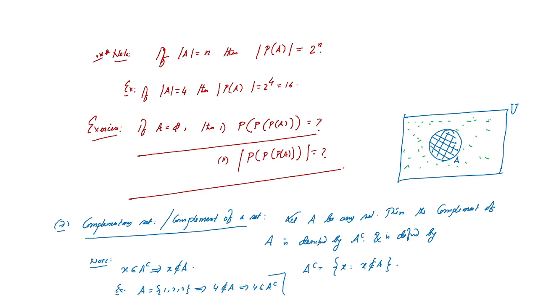These belong to A complement. A complement means U minus A. The universal set minus the set A is called A complement. So this is A complement and this is A. Okay. So this green part is basically A complement.